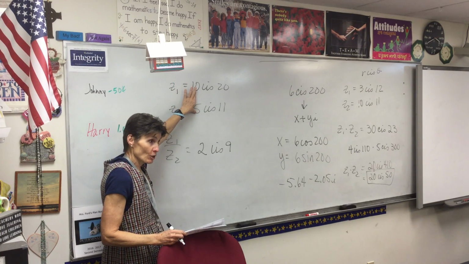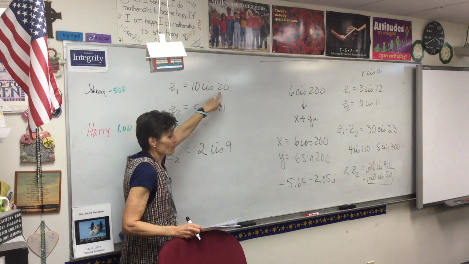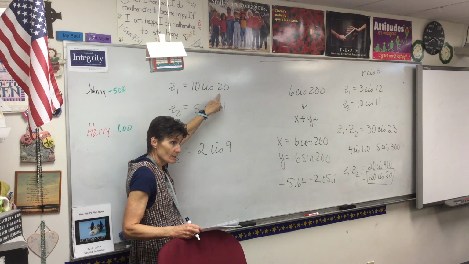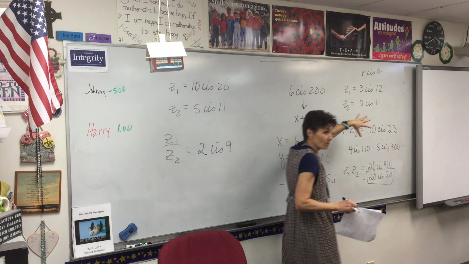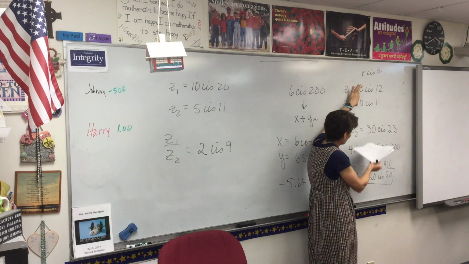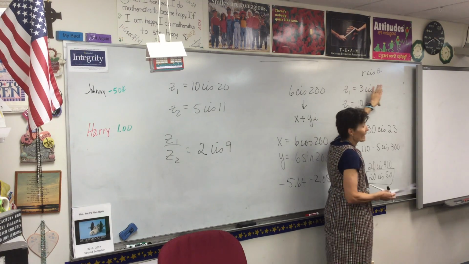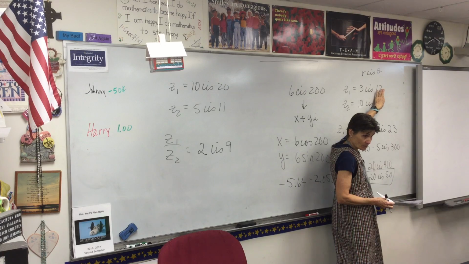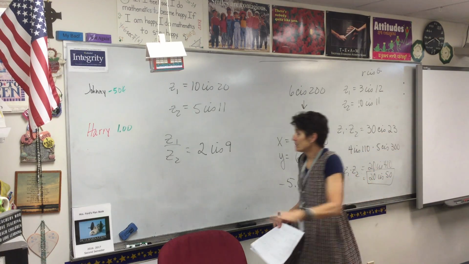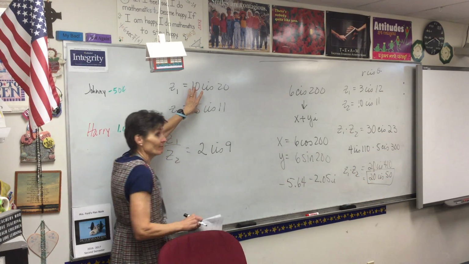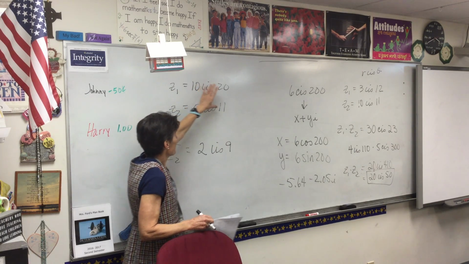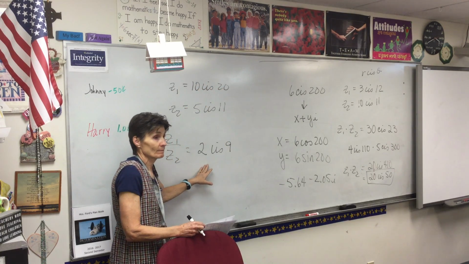Divide the r's, subtract the angles. Max, how did I do the multiplication? I multiplied the r's and I added the angles. So in a division, I will divide the r's and subtract the angles.